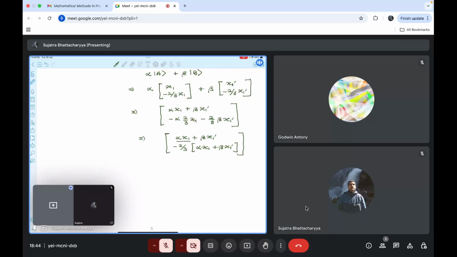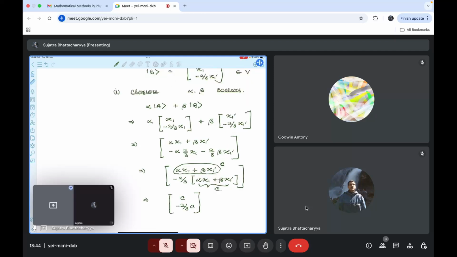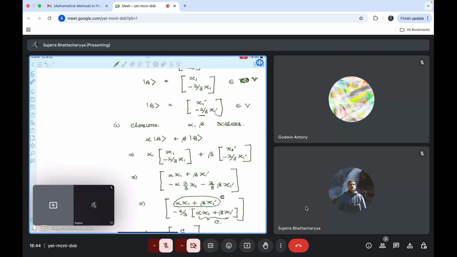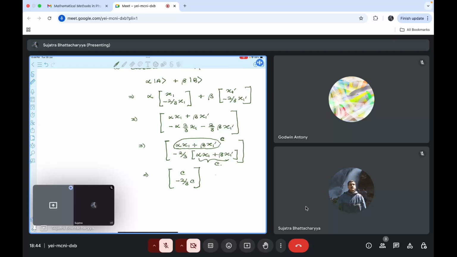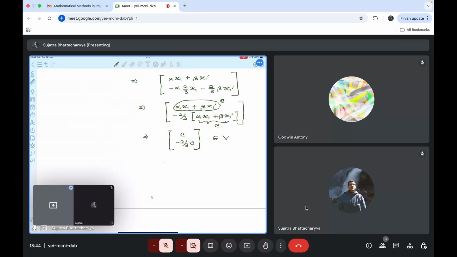So you can see that you can rewrite this as some element C, and look at this, this is also the same C. So finally it is coming out to be C and minus 2 by 3 C, which is following the same nature as A and B. See, this same nature. So if it is following the same nature, it is closed under addition as well as scalar multiplication.